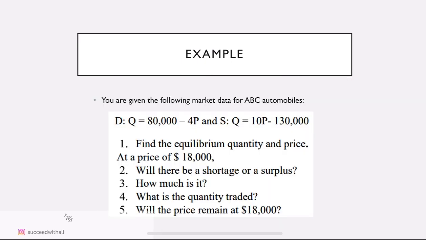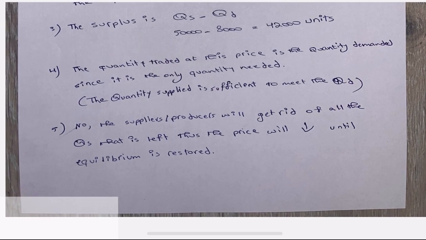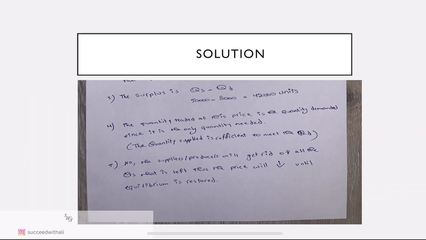And the last question in today's video is, will the price remain at 18,000? Of course not. The suppliers or producers will want to get rid of all the quantity supplied that is left. Thus the price will decrease and decrease until equilibrium is restored.